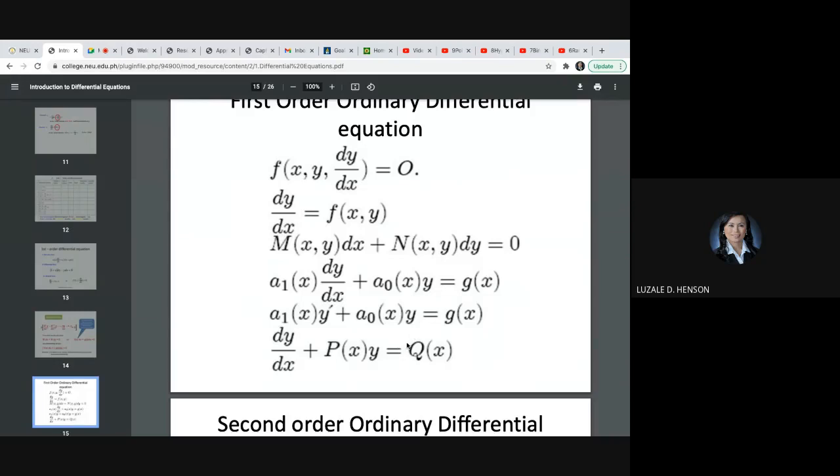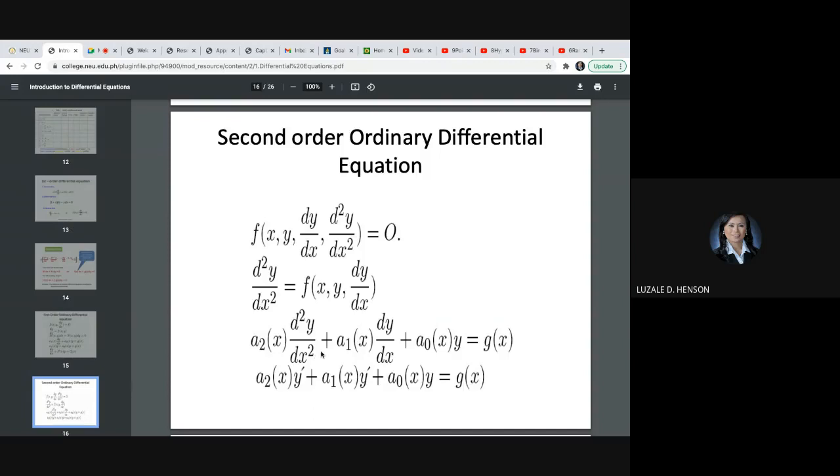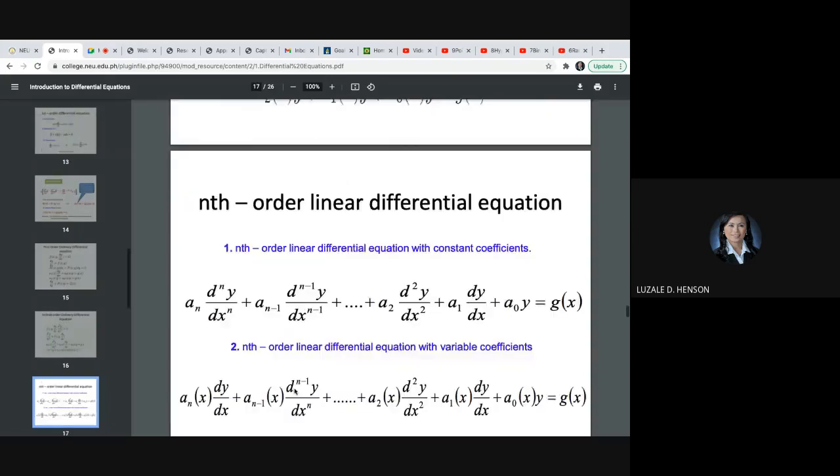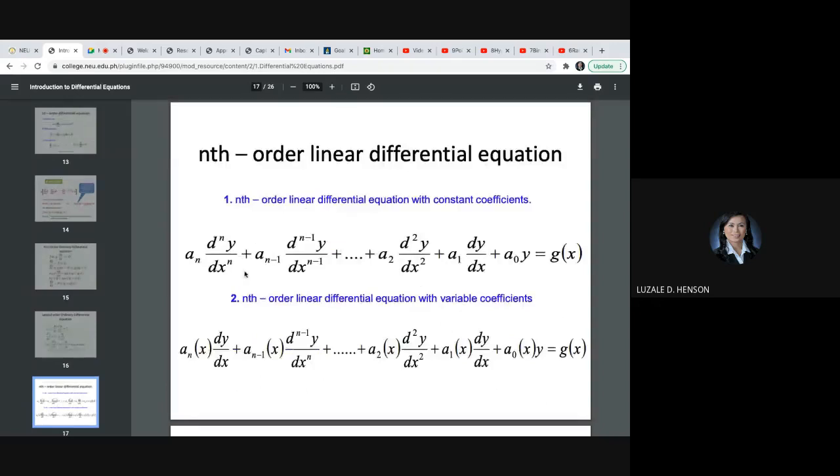Or meron siyang sa tabi niyang y to the n, then that is Bernoulli standard. Second order na derivative form, this is also derivative form. Alright. Pero hindi ito second order kasi naka y prime lang to. Bakit ba ito nahalo dito? So nth order, ito naman yung mga naka-n na siya, no?